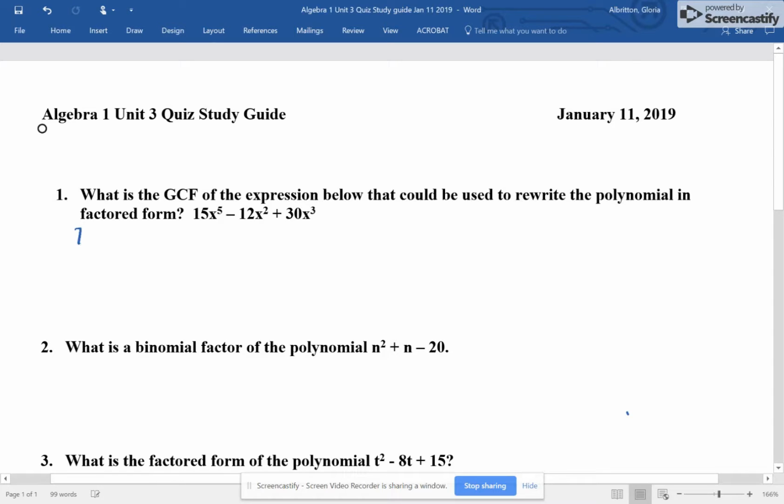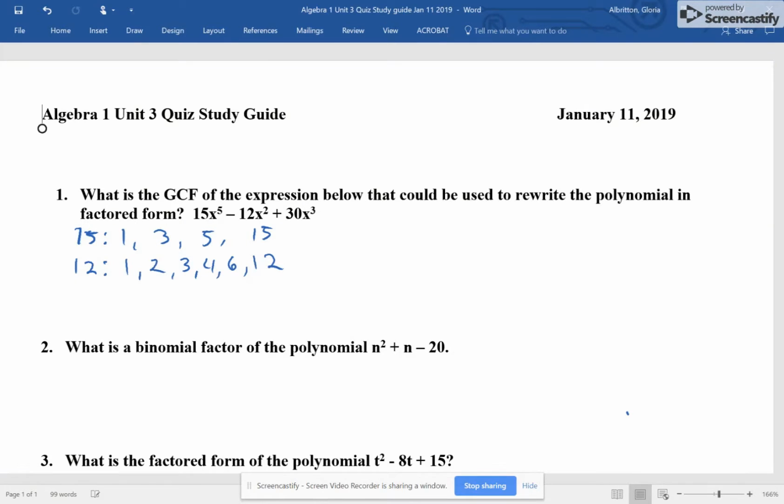When I list the factors of 15, I've got 1 times 15, 3 times 5. Factors of 12 give me 1 times 12, 2 times 6, and 3 times 4.